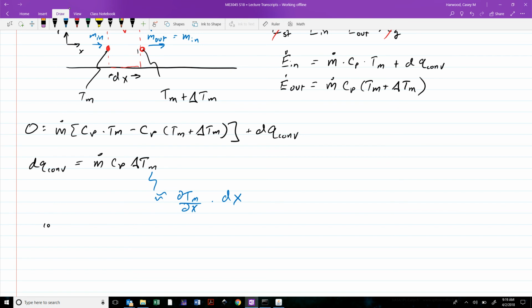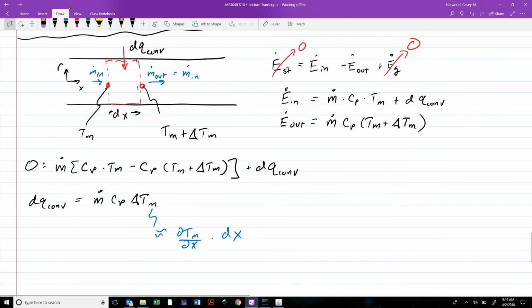Oh, sorry, one more substitution to make here. We're going to assume that the small convective heat transfer in, we're going to say that this is equal to the convective heat flux times the perimeter of the pipe times dx.